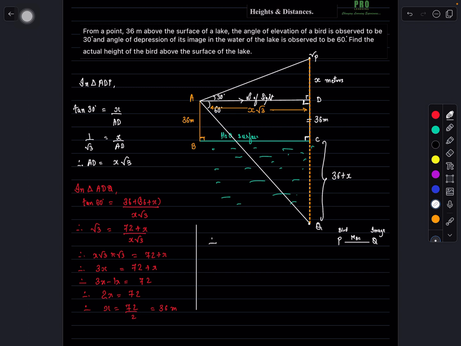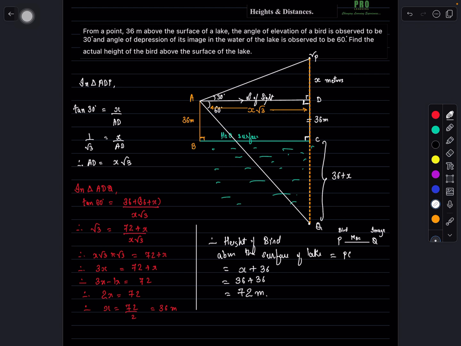Therefore, the height of the bird above the surface of the lake is nothing but PC, which is x plus 36, which is 36 plus 36, which is 72 meters.